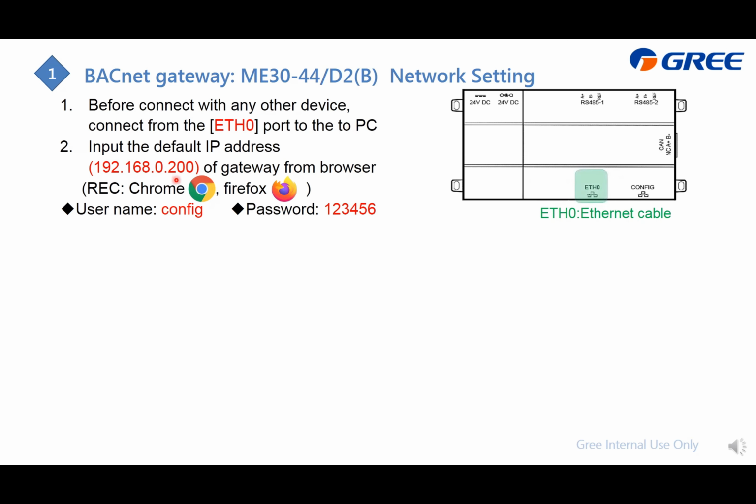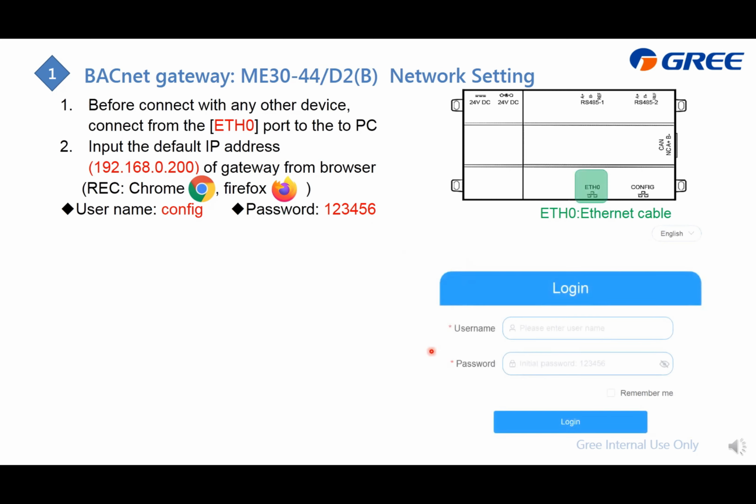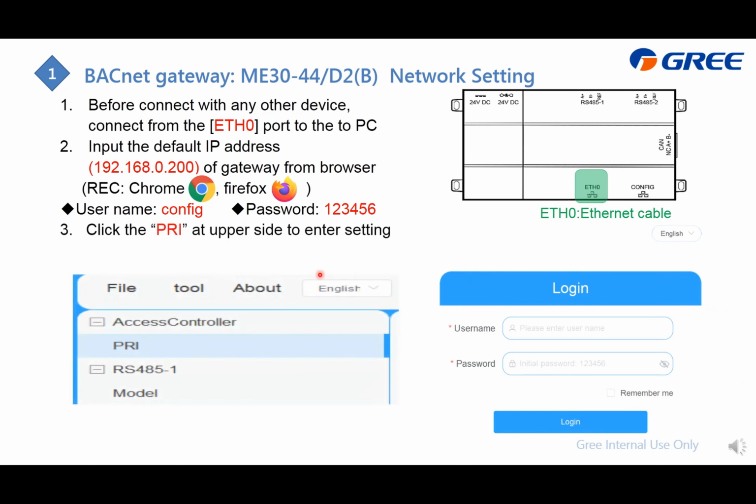At your PC, use the browser to input this IP address. Then we will offer you the username and password. Just input them, and you will go to the home page.